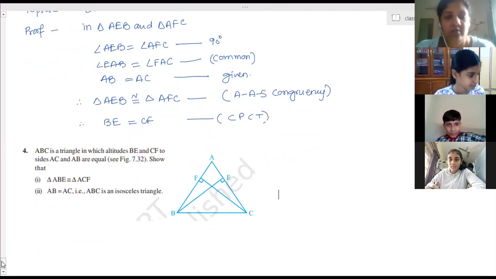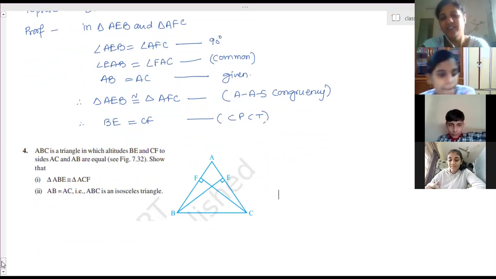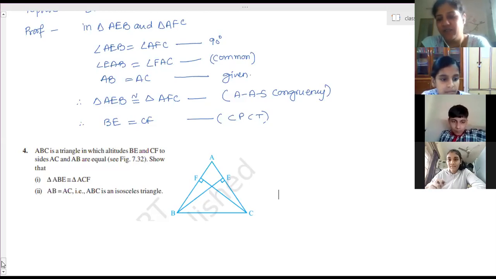We can use the same method, but the congruency is different because here AB and AC are not equal; BE and CF are equal. So BE is equal to CF, angle E and angle F are 90 degrees and angle A is common. By AAS criteria, the two triangles are congruent. By CPCT, AB is equal to AC.